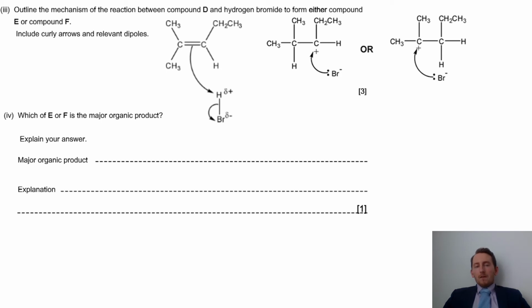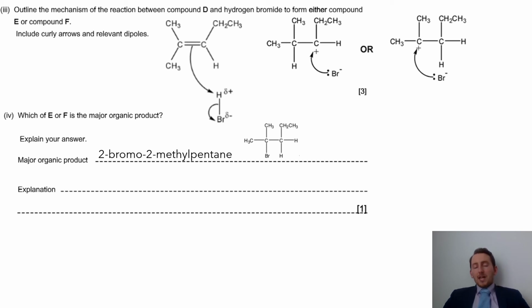The final part of this question asks which of E or F, depending on which one you've done, is the major product. For myself, the 2-bromo-2-methylpentane, that particular structure there, is the major product.